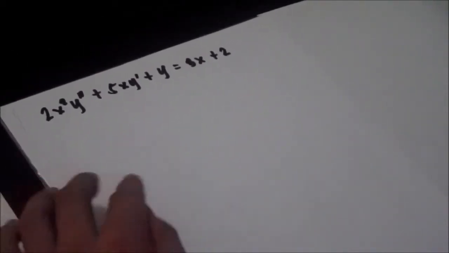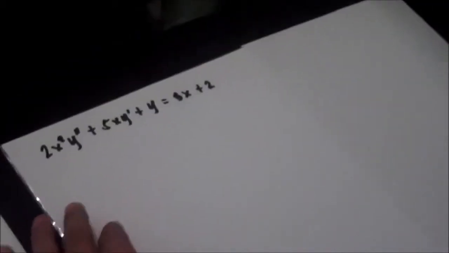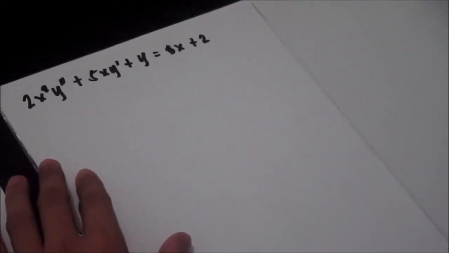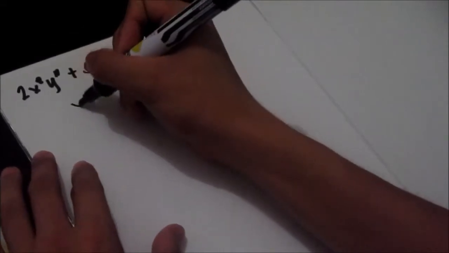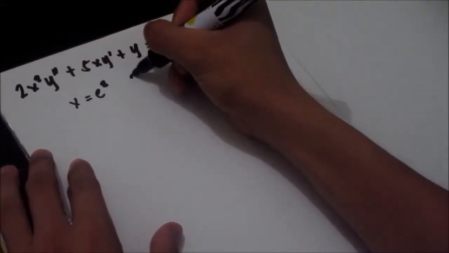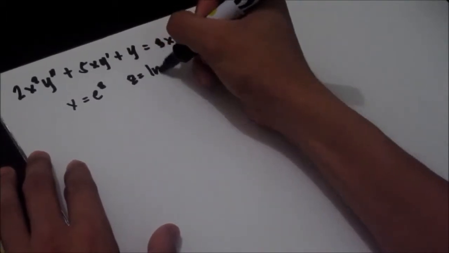Now we shall solve another Euler-Cauchy differential equation. Again, the first step in solving a Euler-Cauchy differential equation is by converting the equation into the D operator equation and letting x equals e to the z and z is equal to ln of x.